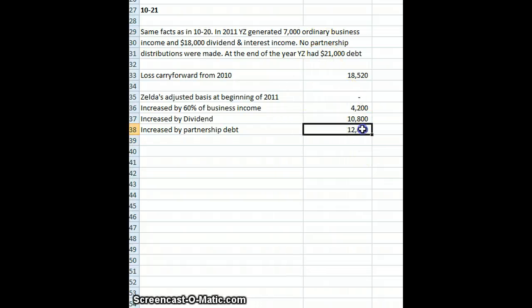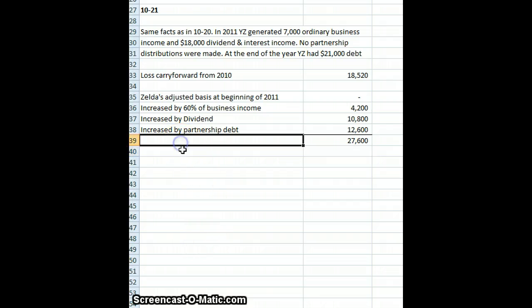So our basis before deduction is going to be 27,600. That is what we call our basis before deduction.